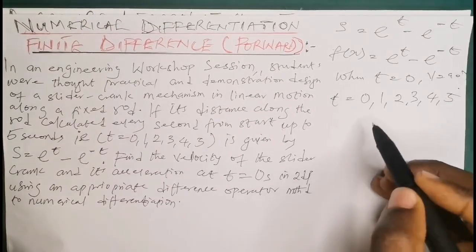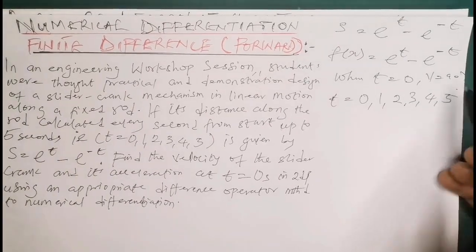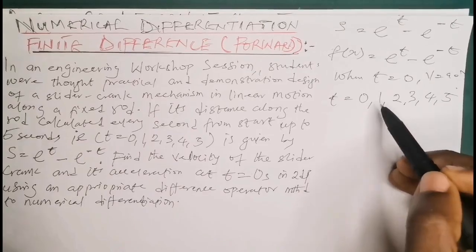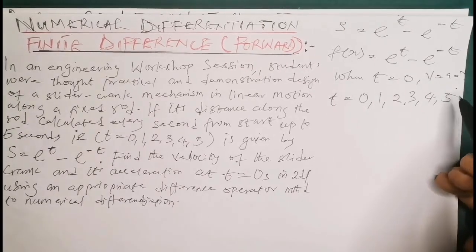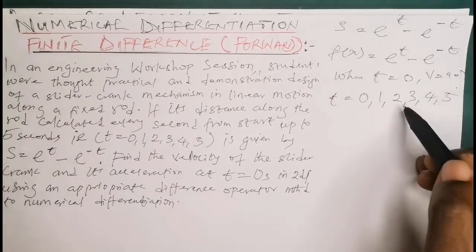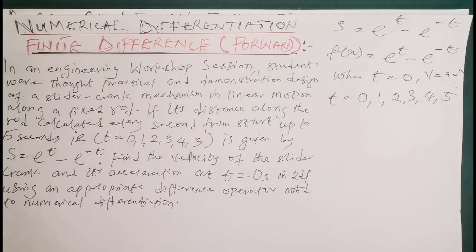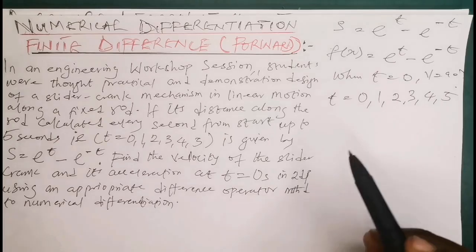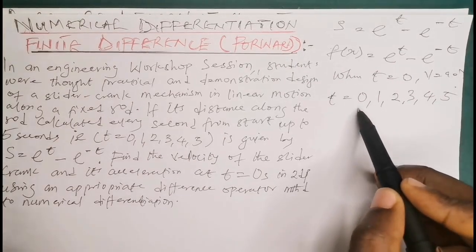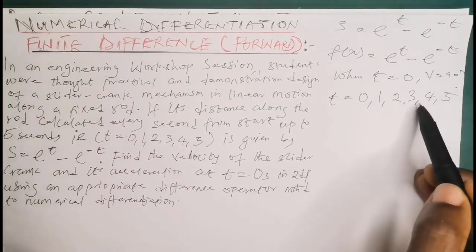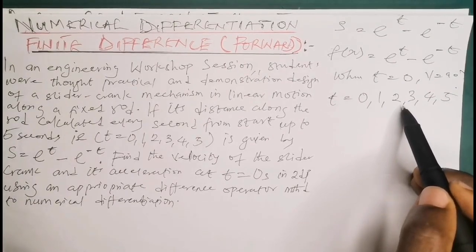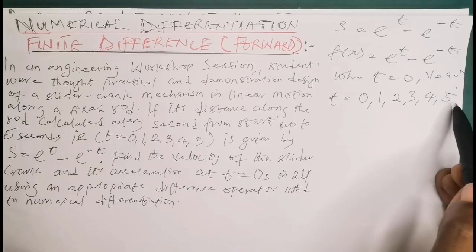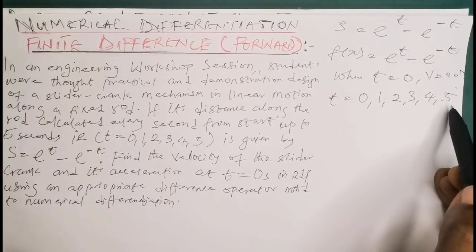So you see that this time can be broken into 6 different places, which is 1, 2, 3, 4, 5, 6. And the middle of this time is between 2 and 3. So from what we've done so far in numerical differentiation, you observe that from 0 to the middle of 2 to 3 is called the forward table. From the middle of 2 to 3 down to 5 is called the backward table.